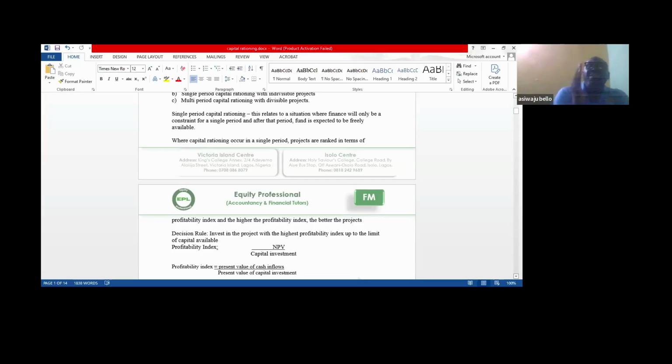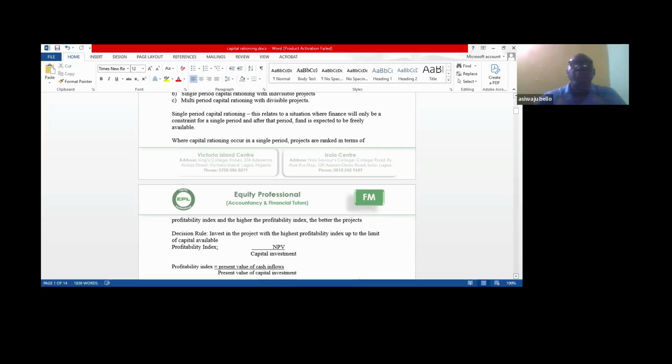Your profitability index is calculated as the net present value divided by the initial capital investment.